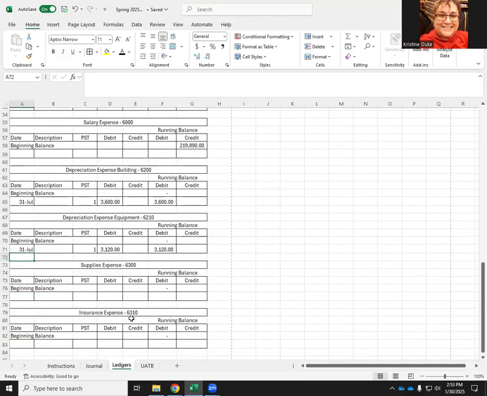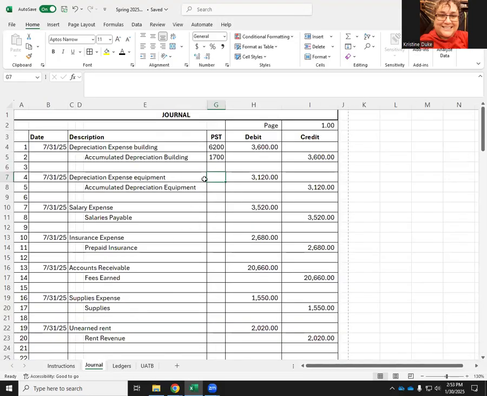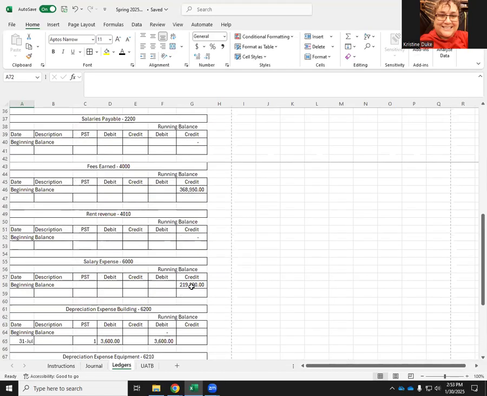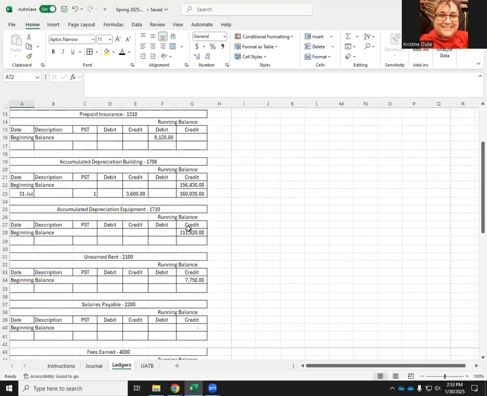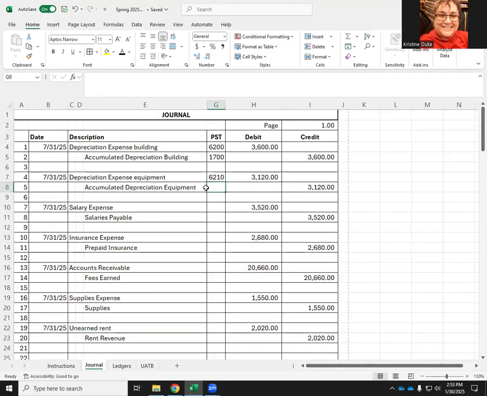First 6210. And I'm going to update that. Now I know that I've completed it. Ledgers all the way up here to my accumulated depreciation 731. Its reference is page 1. It is 3,120 plus this plus that. Isn't that good? Plus this plus that. I'm done with this entry, moving it over 1710.